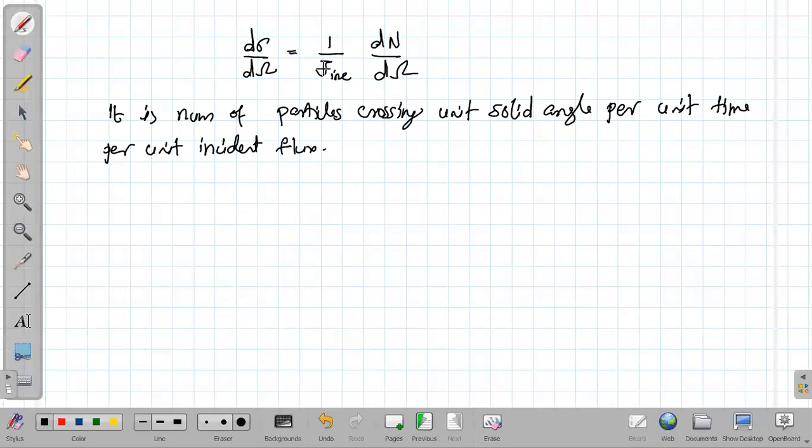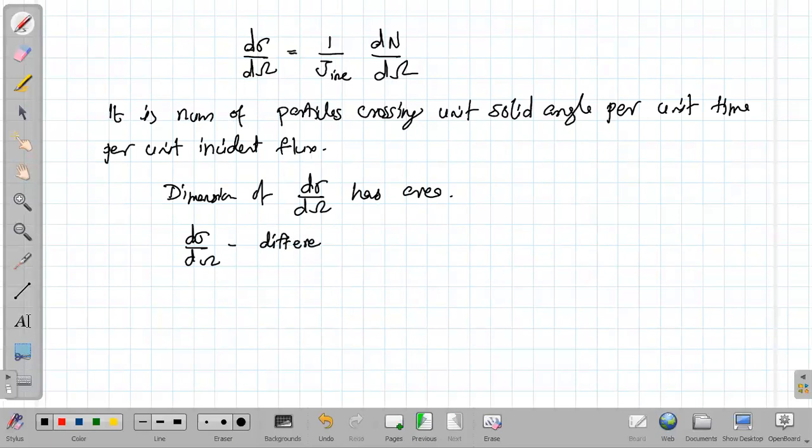If you look at the dimension, d sigma by d omega has the dimension of area. That is why it is called a cross section. Since it is a very small quantity, it is called the differential scattering cross section.